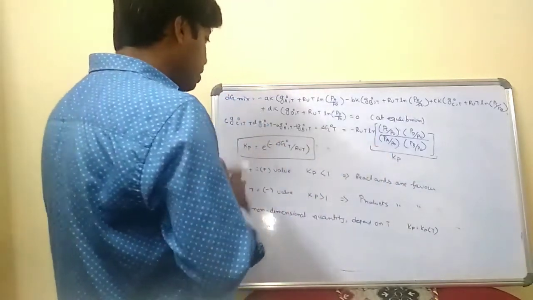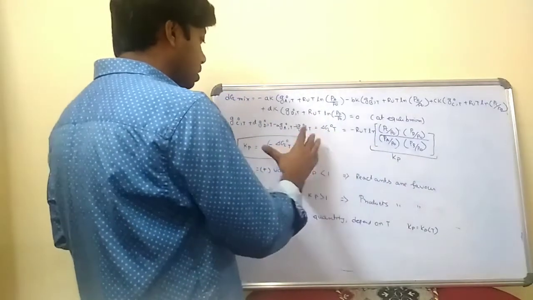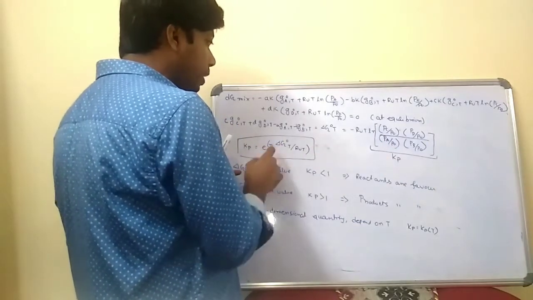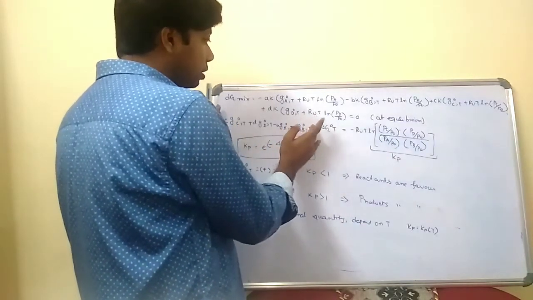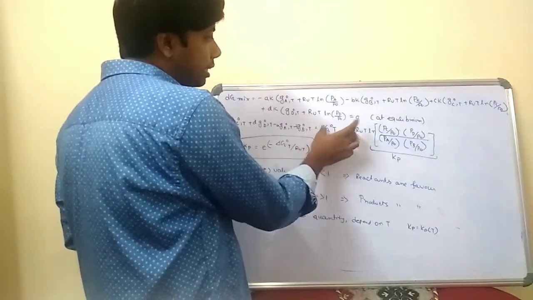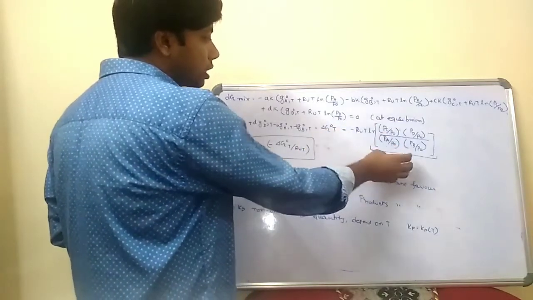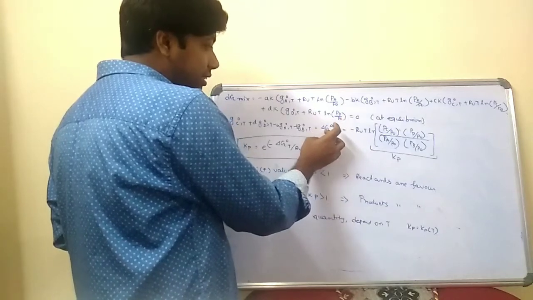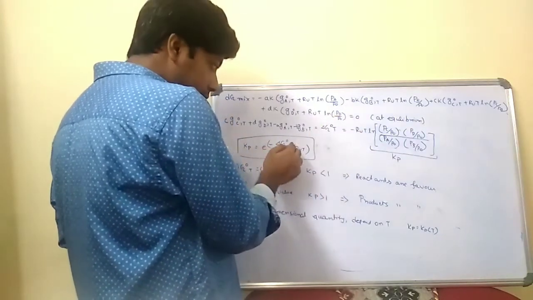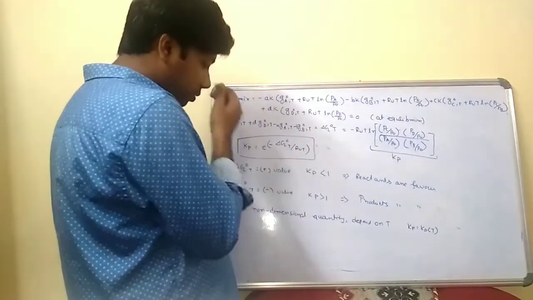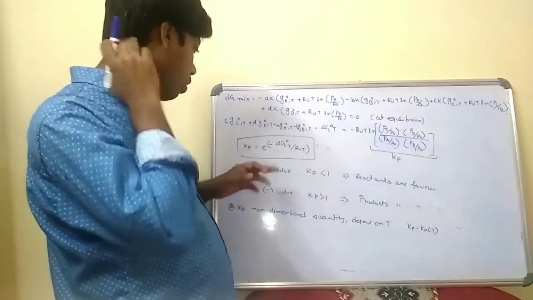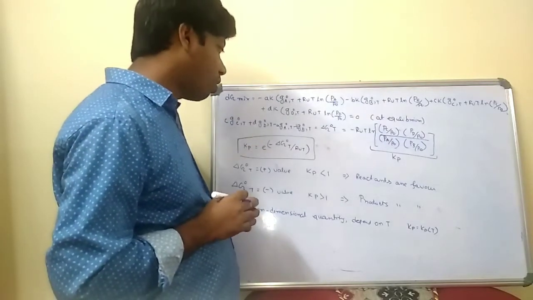Then from these equations we can write Kp is equal to e to the power minus delta G T naught divided by RuT. So from this equation you can get the value of Kp, or you can get the value of delta G T naught.